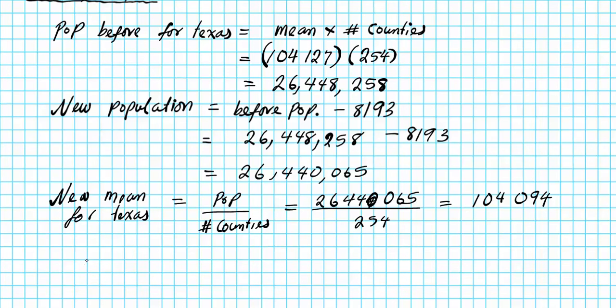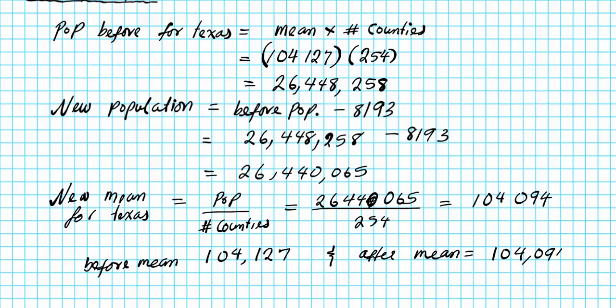The before mean is 104,127, and the after mean is 104,094. So what do you see here? The mean decreased.